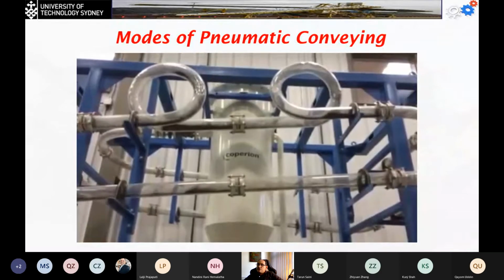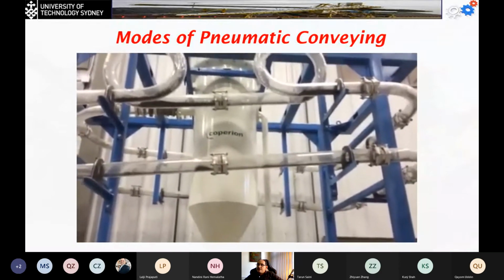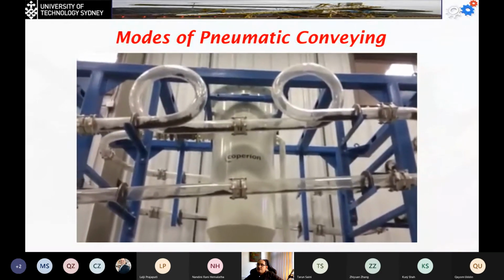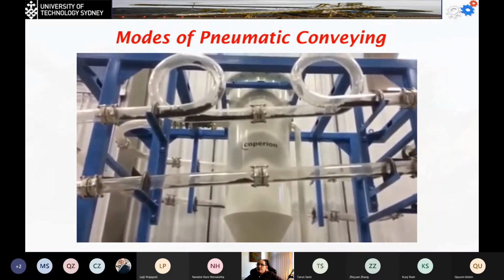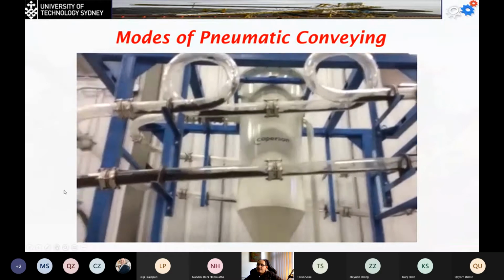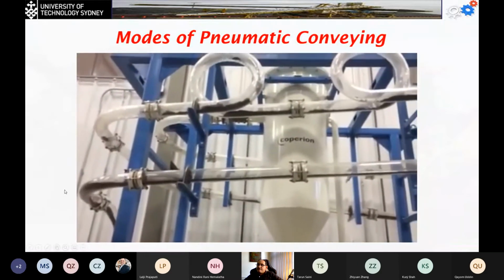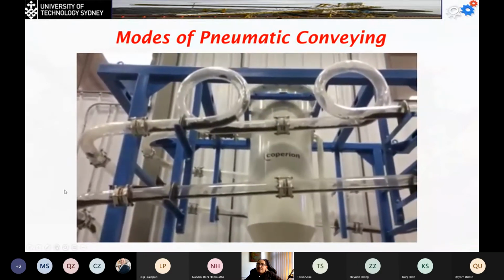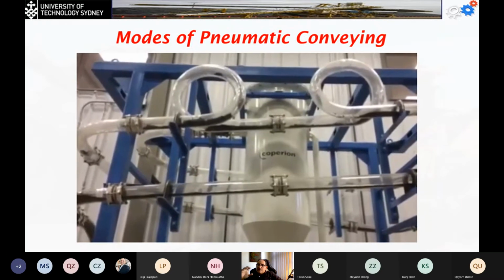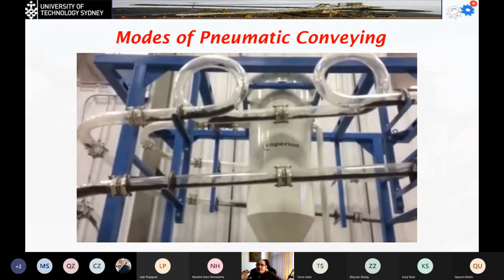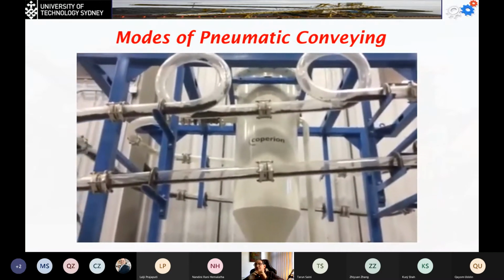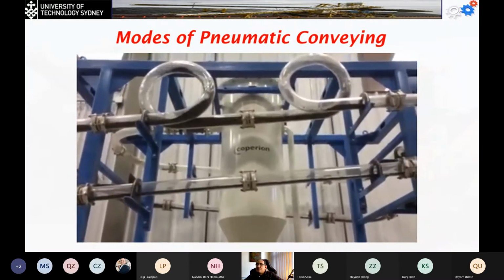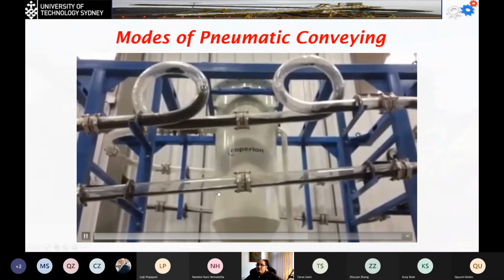They slow down the air velocity, and then you will see that the material is pushed as patches. What's happening here is that the material starts to accumulate at the bottom of the feeder, and then it is pushed in one patch, and that's what we are going to achieve.